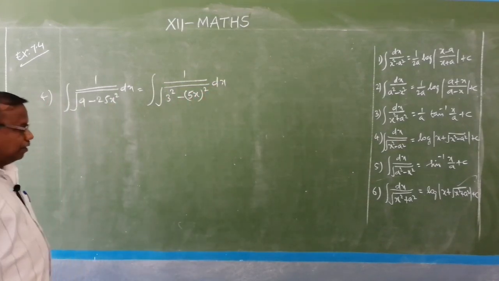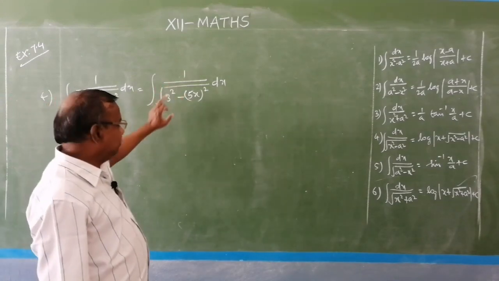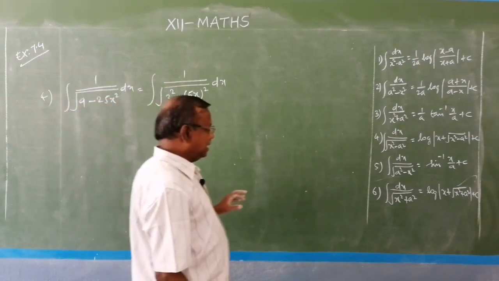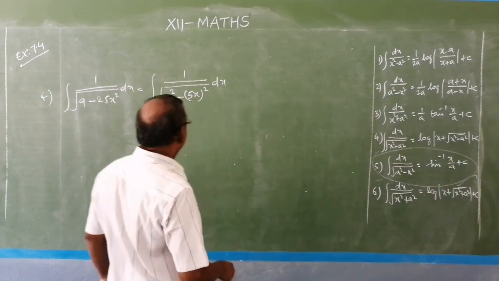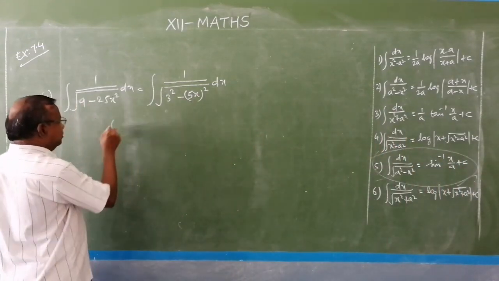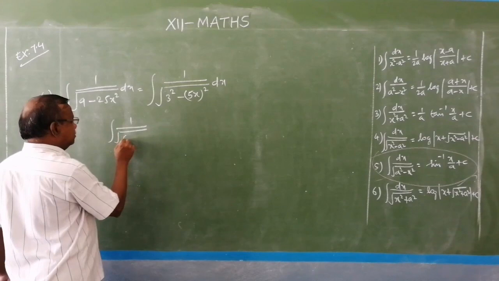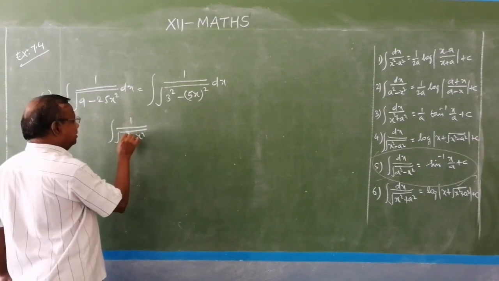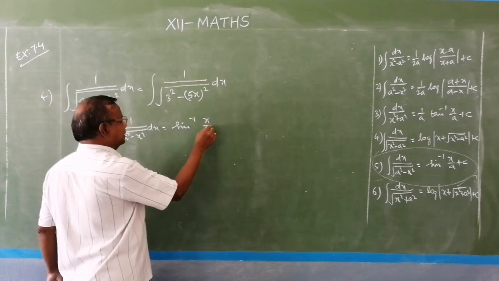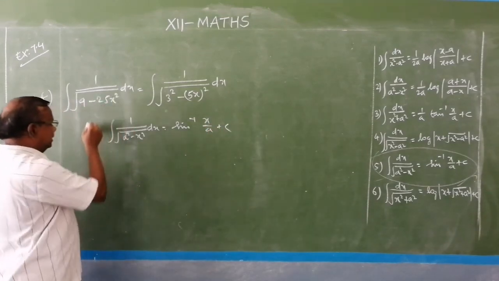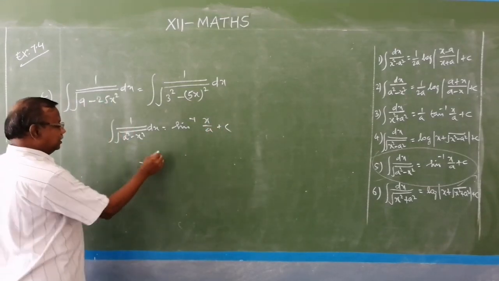This is in the form of integral 1 by root of a square minus x square. So, integral 1 by root of a square minus x square into dx equals sin inverse of x by a plus c.